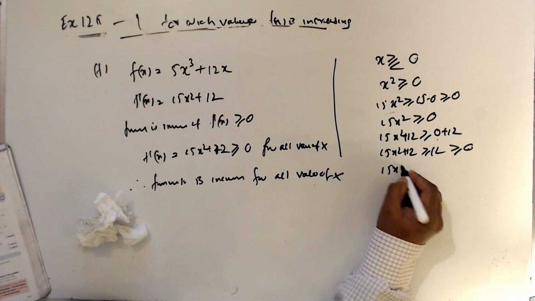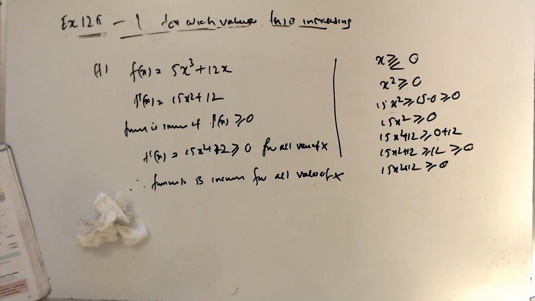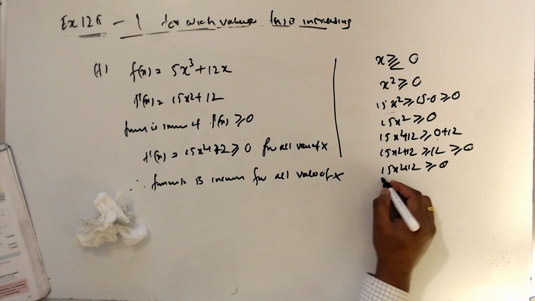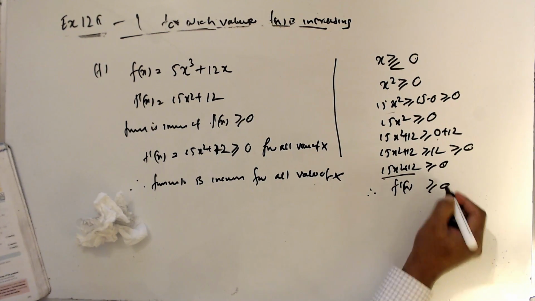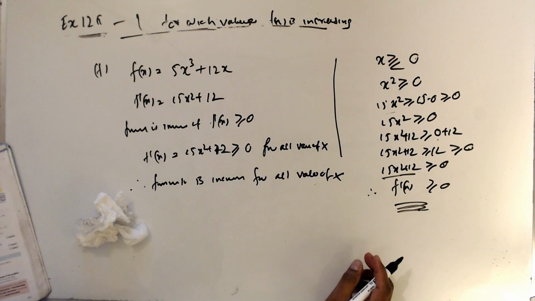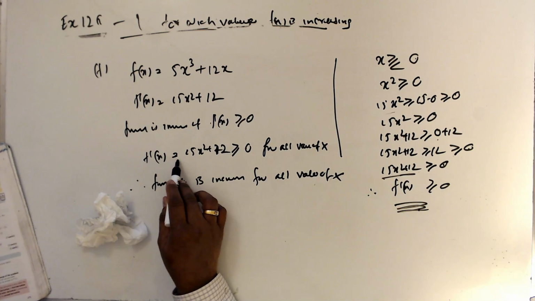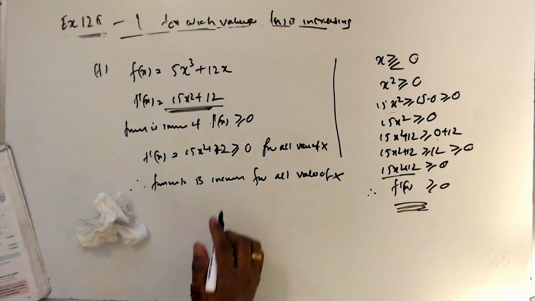So 15x square plus 12 is greater than or equal to 0. Hence f dash x is greater than or equal to 0. So I gave a proof, basically. I realize when I look at this, this is always going to be a positive number.